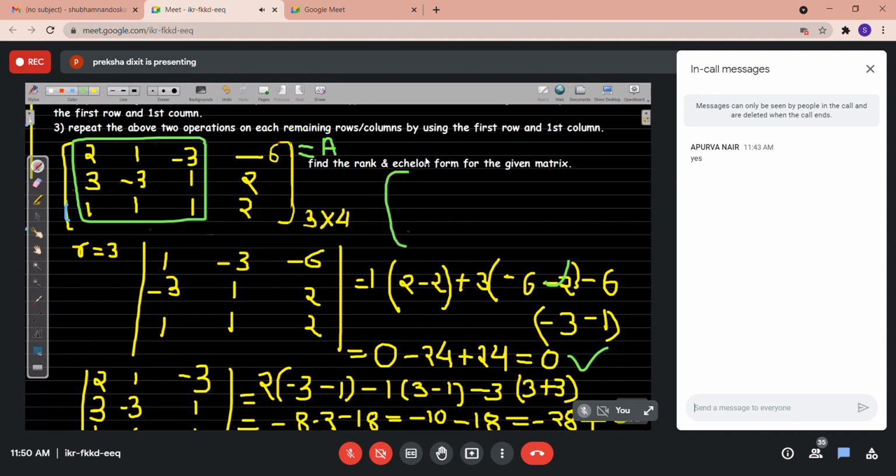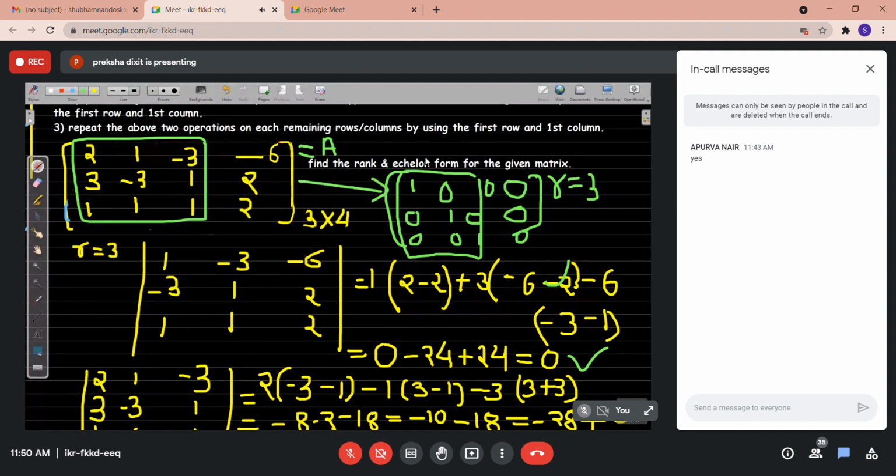So how is its echelon form going to look like: 1 0 0, then 0 1 0, then lastly 0 0 1, and the rest of the elements have to be reduced to 0. This is how its echelon form is going to look like. Because rank is equal to 3, we have just now confirmed it. Okay, so we have to convert the given matrix A into this format.